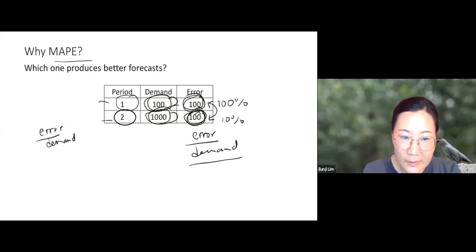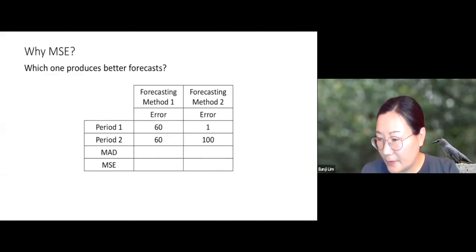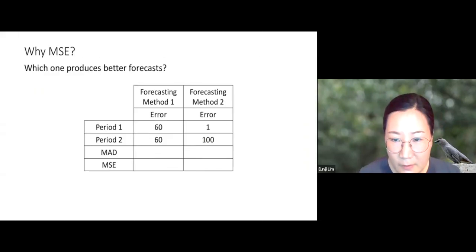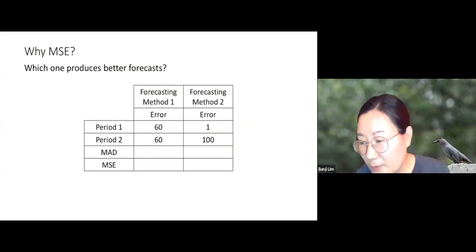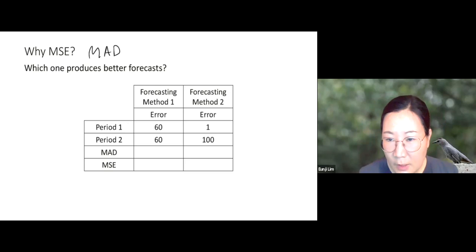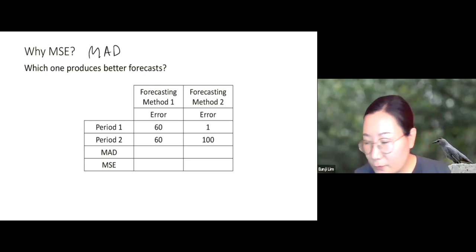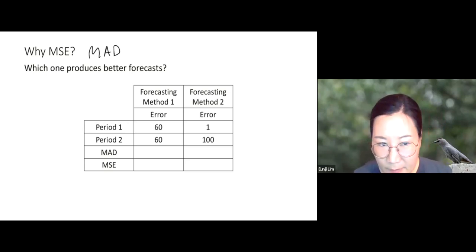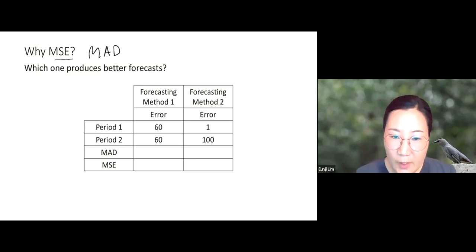Now, in the second comment I want to make, I want to look at the mean squared error. What's the difference between the mean squared error and mean absolute deviation? In MAD, we use the absolute errors. In MSE, we're using squared errors. What happens if you square a number? If you square a number, you're making a large error much larger.